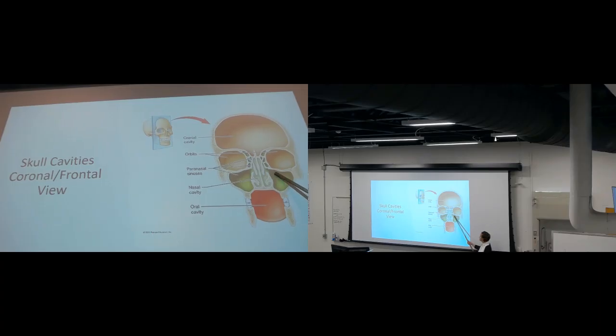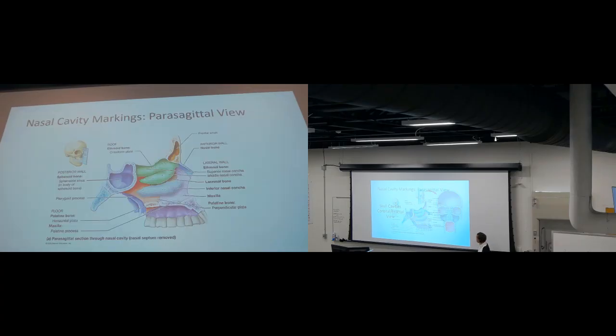So sometimes if someone has an infection of this sinus, it can mimic a toothache. And sometimes infections in the roots of the teeth can traverse this floor of the maxillary sinuses and seed bacteria into the sinuses, creating sinus infections. And it's a complication. Okay?